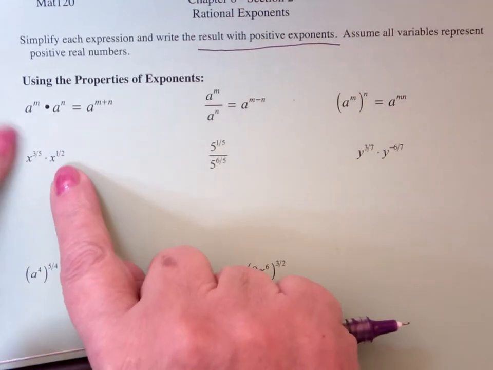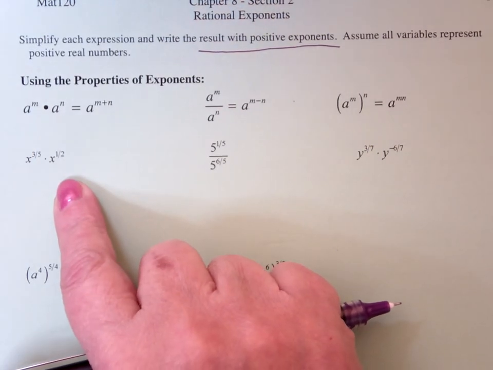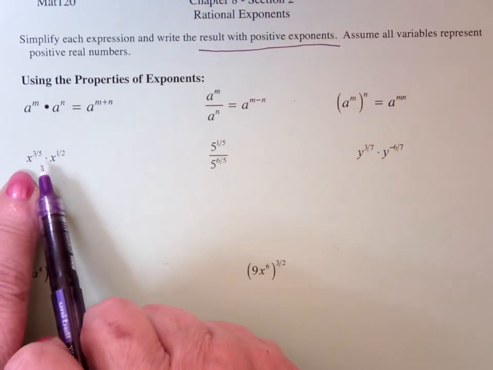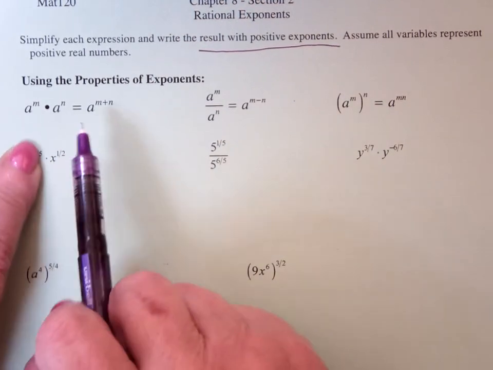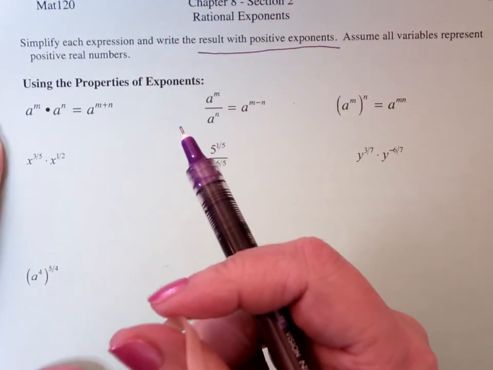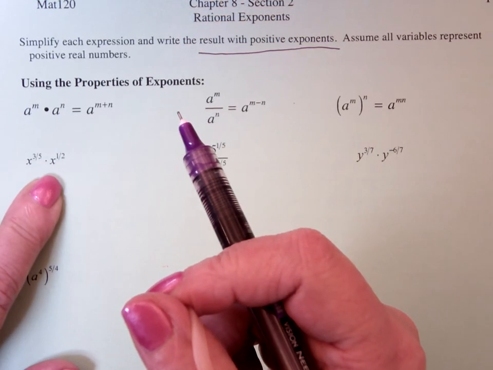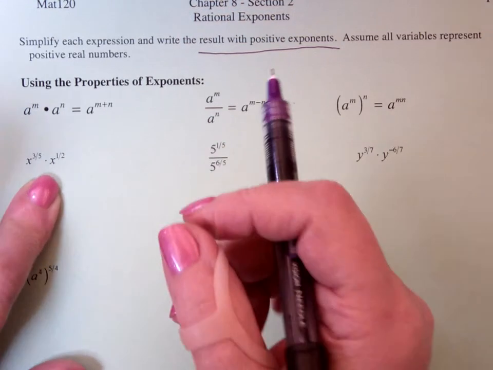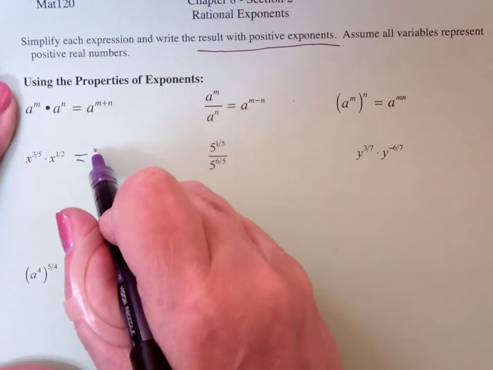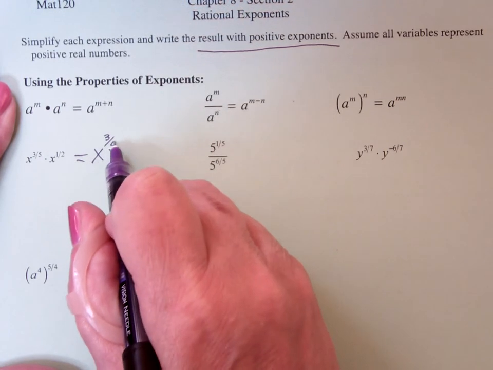Now, what I want you to notice, a little fine point here, is that if I look at 3/5 and 1/2, the denominators are different. They're different radicals. This guy's a fifth root, this guy is a square root. Using the properties of exponents, if the bases are the same, you add the exponents.